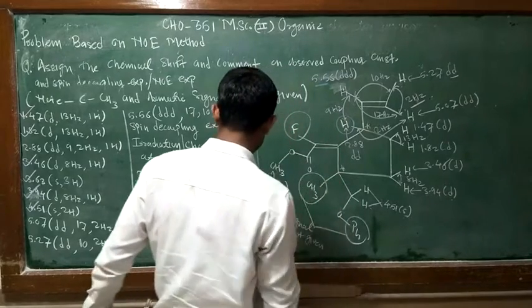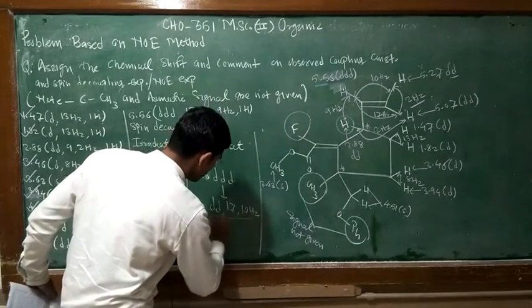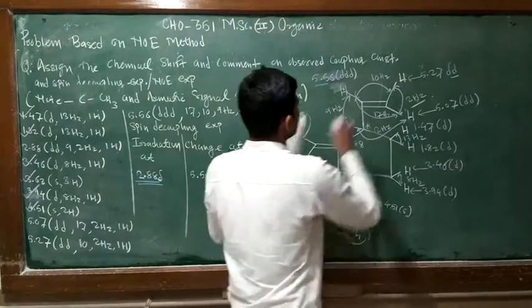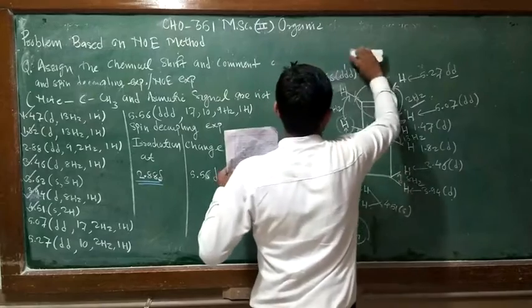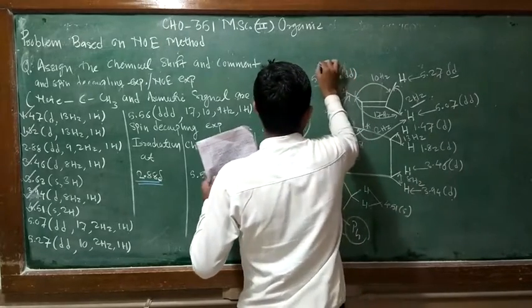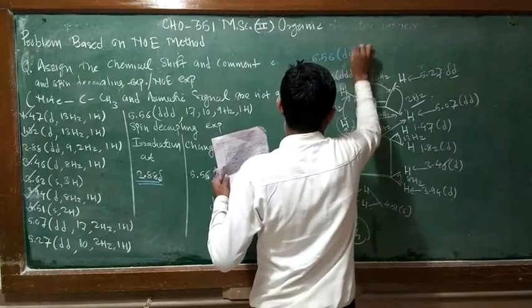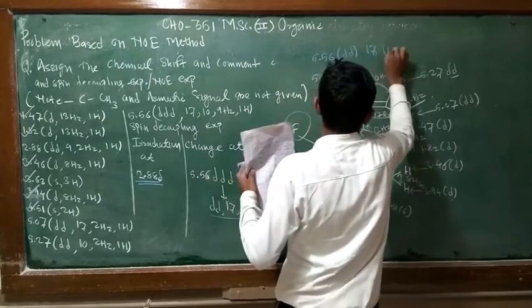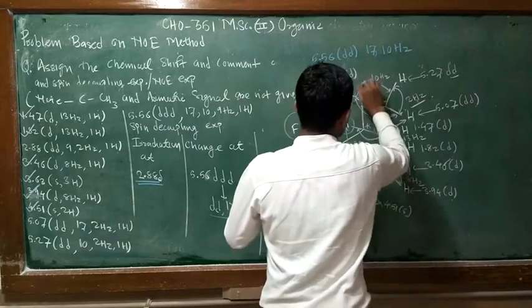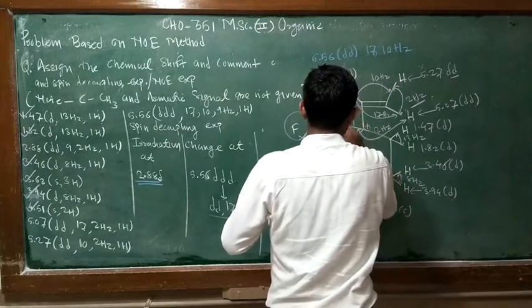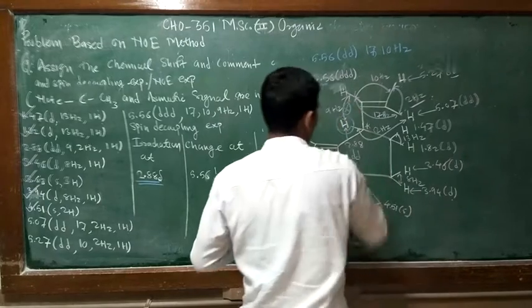That signal is changed into a doublet of doublet with 17 and 10 Hz, meaning this proton 5.56 shows a doublet of doublet with 17 and 10 Hz like this. Coupling with this proton is not possible, meaning the 9 Hz coupling is not possible.